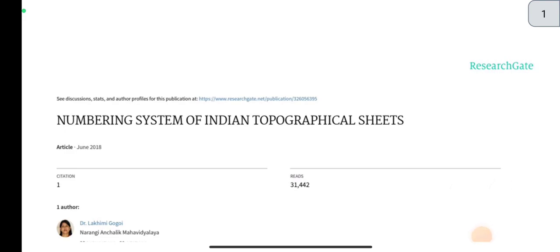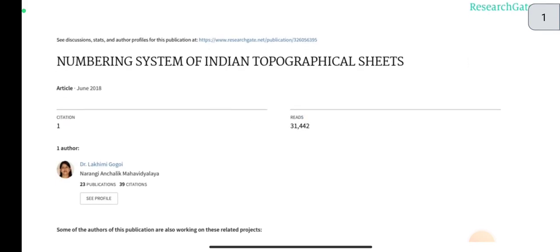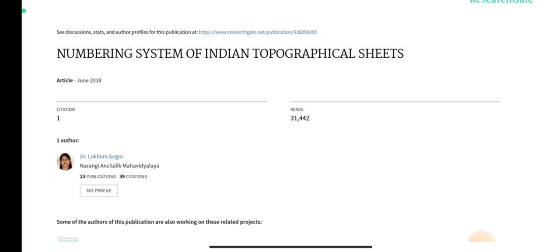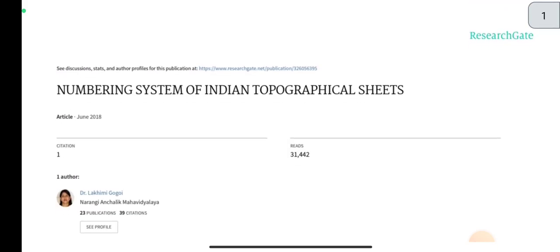So in the earlier video on topographical maps, what we studied from the NCERT book, I told you that I will read a paper where the numbering system of Indian topographical sheets is given in quite a detailed manner and in a very legible way. So this is the paper, downloaded from ResearchGate, you can see.